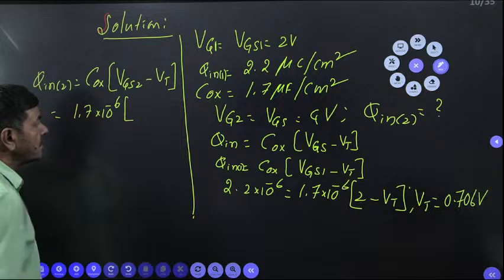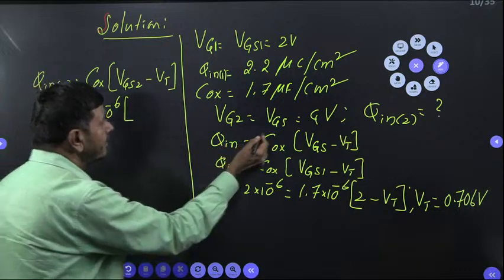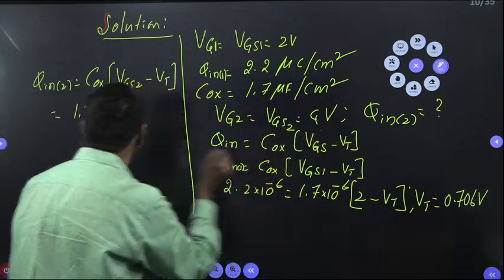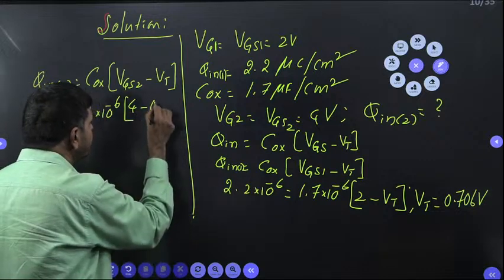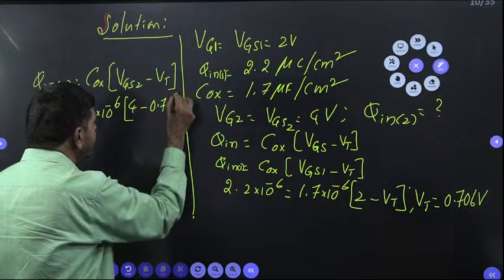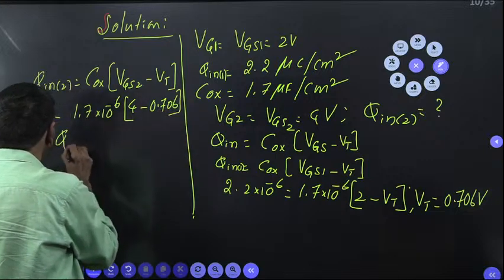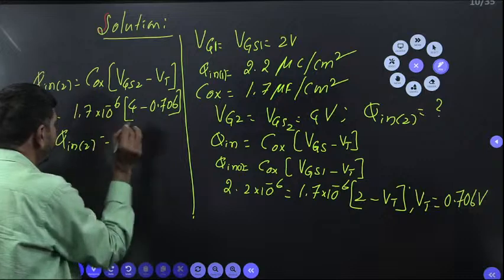And VGS2, given in the problem, is 4 volts. VT we got as 0.706. Now you can get what is Q in 2. Directly you can give that value.